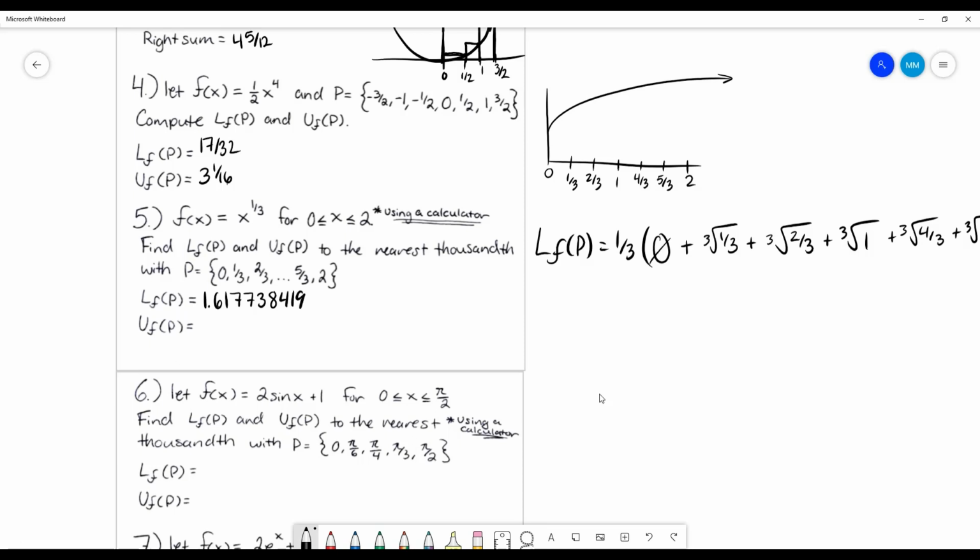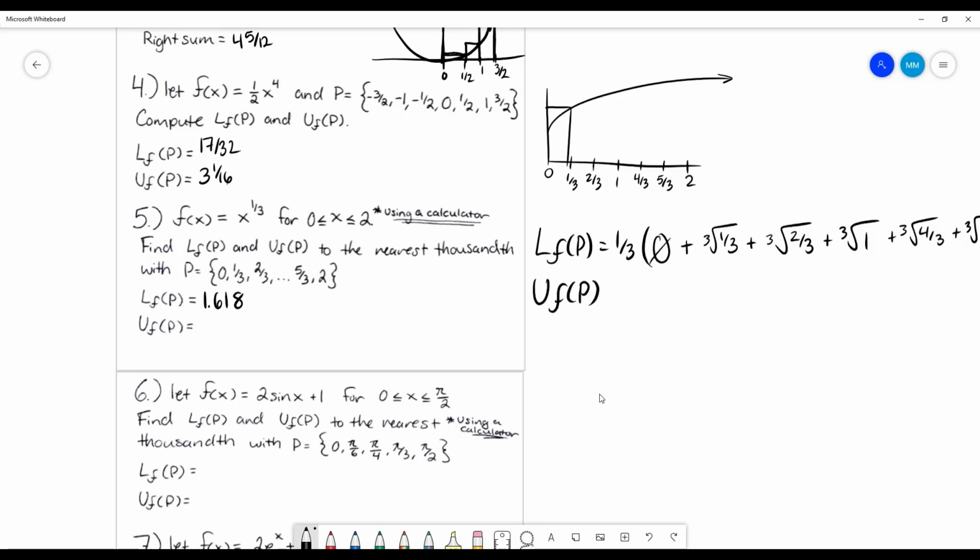It says round to the nearest thousandth, so I don't even have to go out that far. That's going to end up just being that.